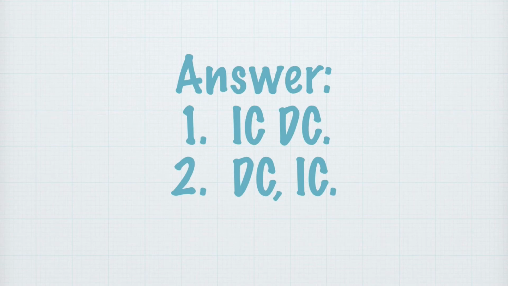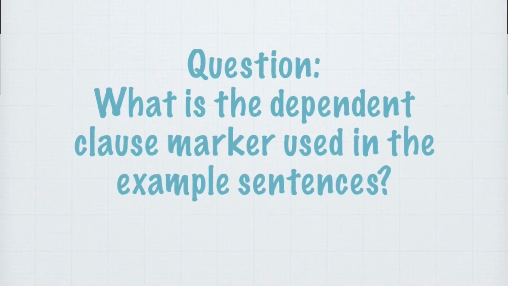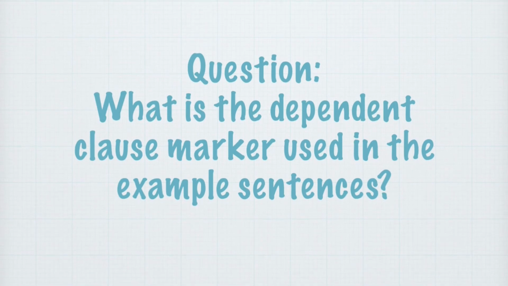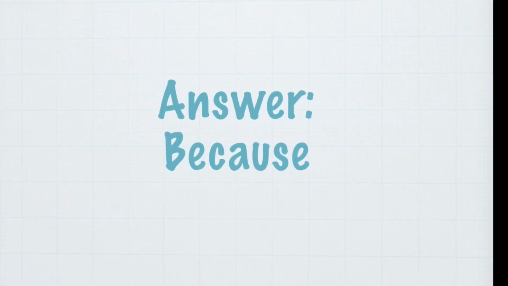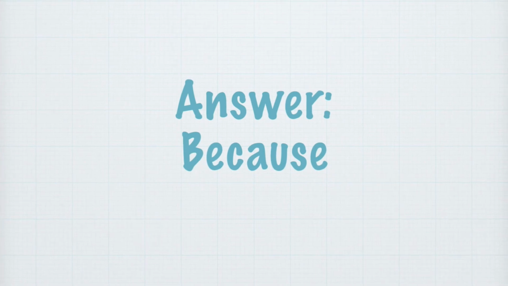IC, DC, period, and DC, comma, IC, period. What is the dependent clause marker used in the example sentences? Because.